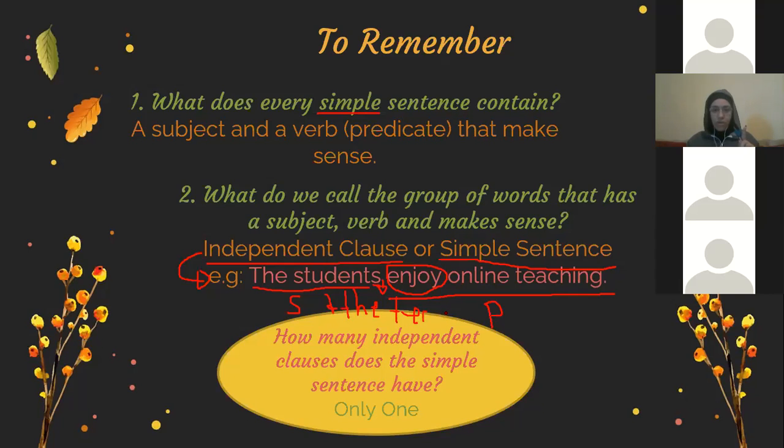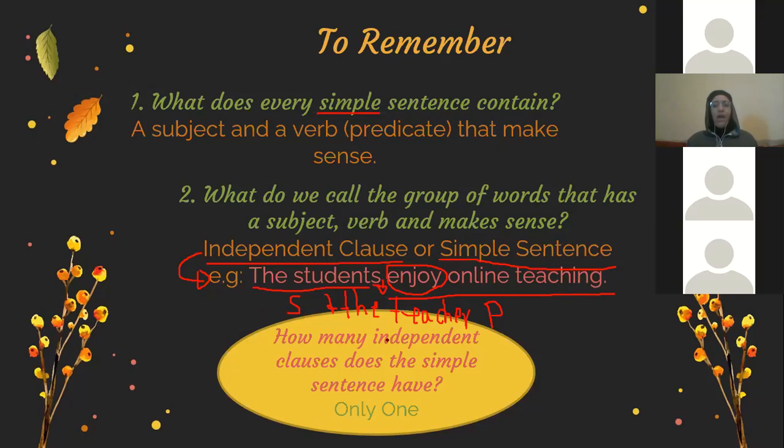The subject is "the students and the teacher," "enjoy online teaching" is the predicate, and I have a complete idea. Then it makes an independent clause or simple sentence.